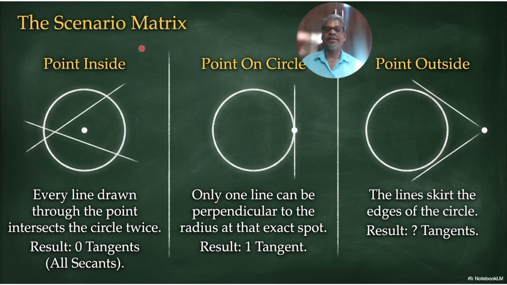The scenario matrix. The point inside the circle: we have been given a point outside the circle, but what if the point is inside the circle? Every line drawn through the point intersects the circle twice. Therefore, the result is 0 tangents and all are secants.